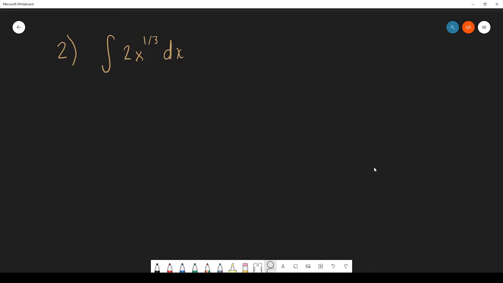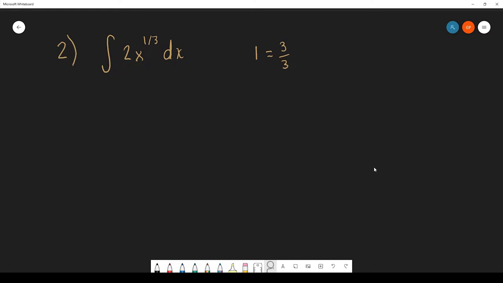Let's do another problem. This problem wants us to find the antiderivative of the following function, 2x to the 1/3 power. In this problem, the exponent is a fraction, but that isn't a problem. We can still use the reverse power rule to find the antiderivative of this function. Simply, instead of 1, we're going to write 3 over 3, because these two are equivalent.